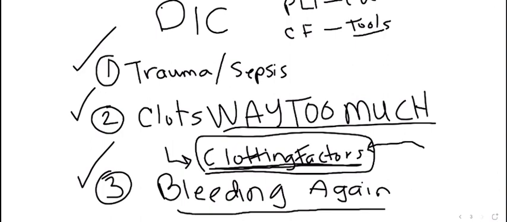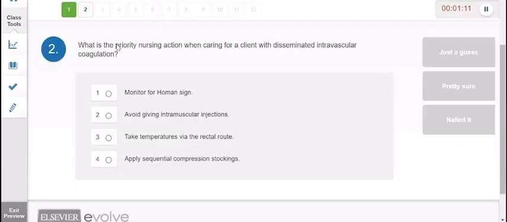Okay. Now that we've established that, we've got this question. It says, what is a priority nursing action when caring for a client with DIC?